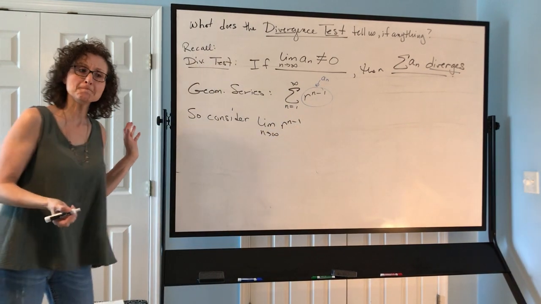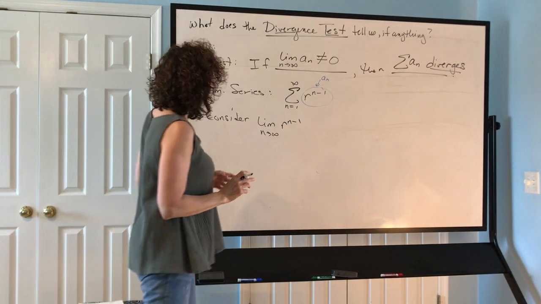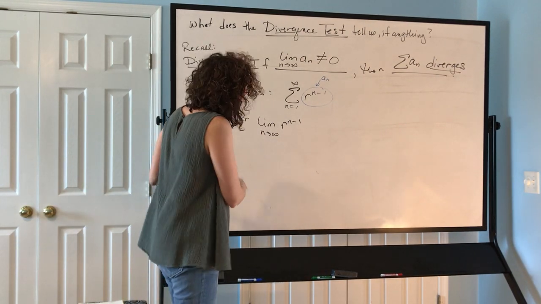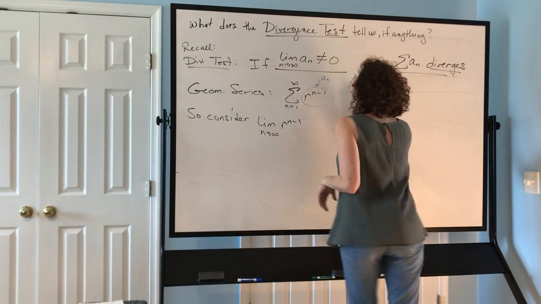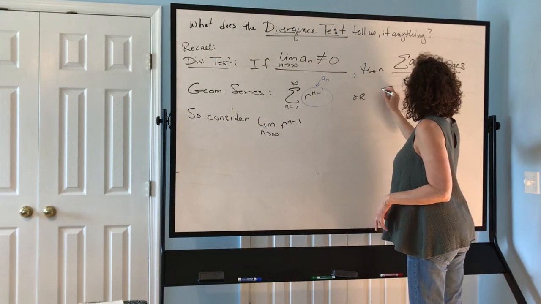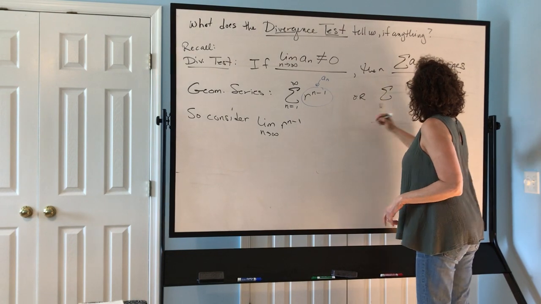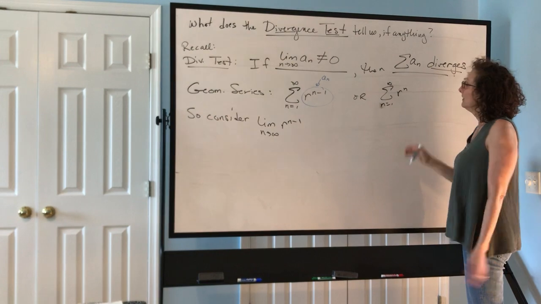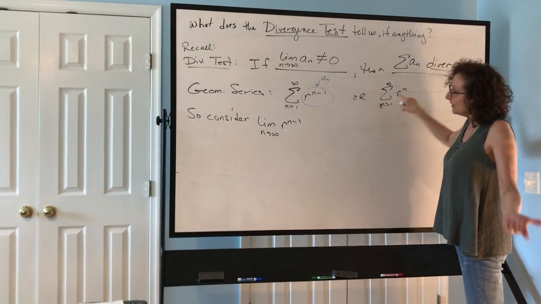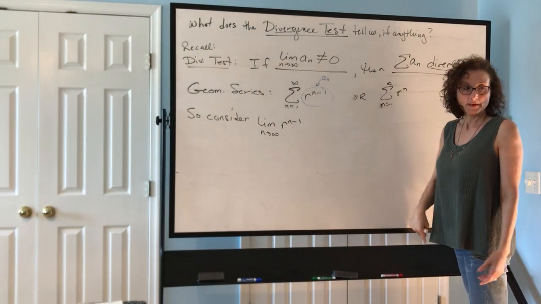Here's another reason why I prefer the other view of geometric series. If we have the sum n equals 1 to infinity of r to the n, then a sub n is r to the n, and we don't even have to worry about the n minus 1.